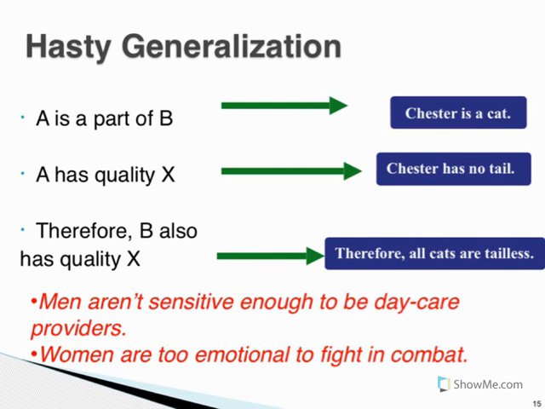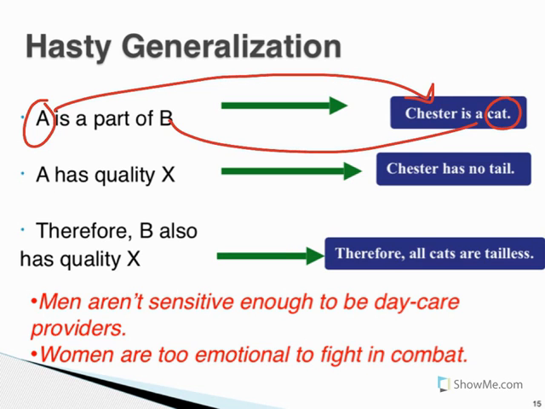Another example that we have is that you can look at Chester as being a cat. So A is a part of B. In this instance, A is Chester, and being a cat is what A is a part of. Now, A has this type of certain quality.